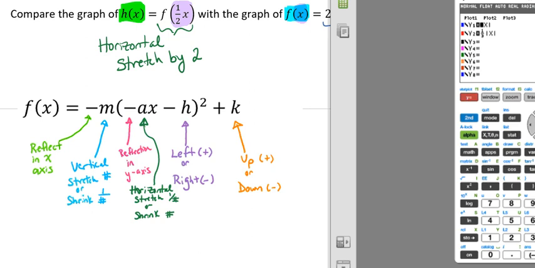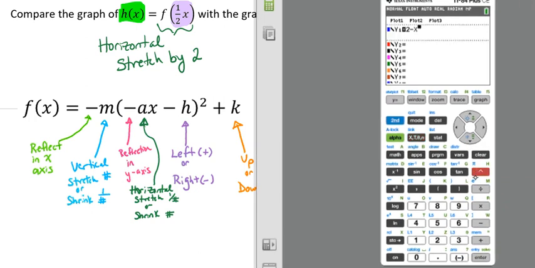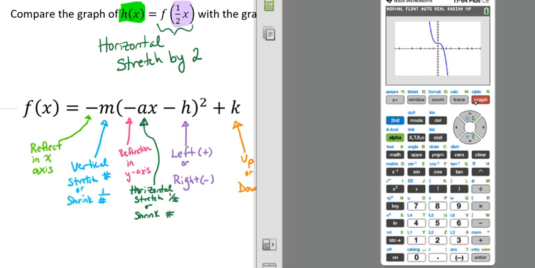We're going to clear out what's in there and type in 2 minus x raised to the third power. That's our parent function, and that's what it looks like. Notice here that it crosses at 0, 2, and a little bit past 1, 0.